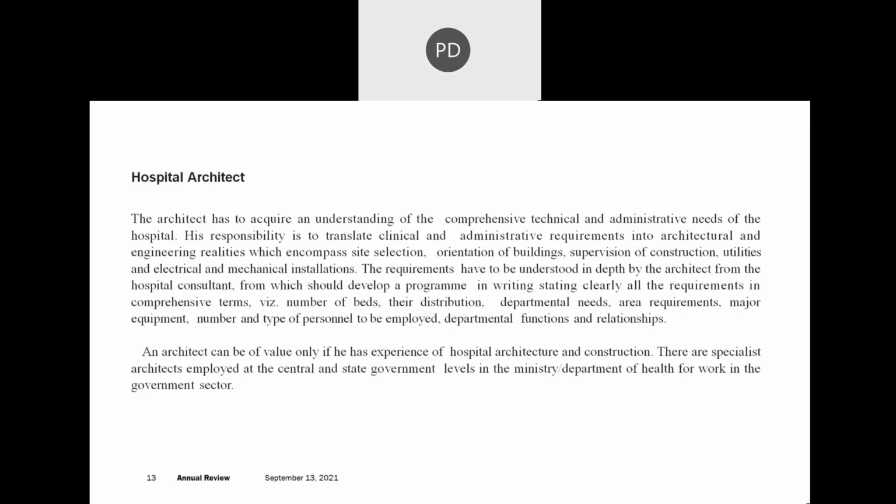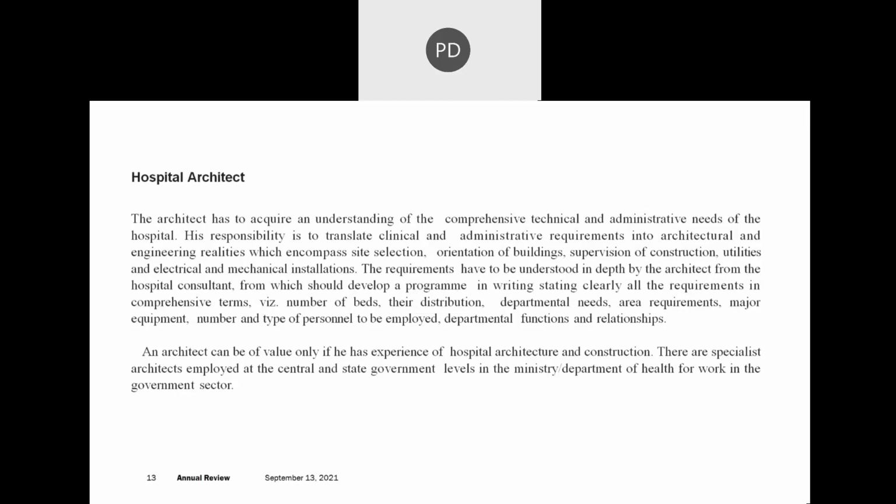Okay, whether this hospital will go vertically or it will go horizontally, how many floors would be there, in which floor what planning has to be done, and how each and every area would be associated with each other, right? So that planning, that administrative and technical understanding, he has to get from the people.